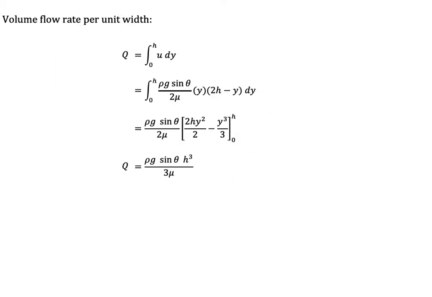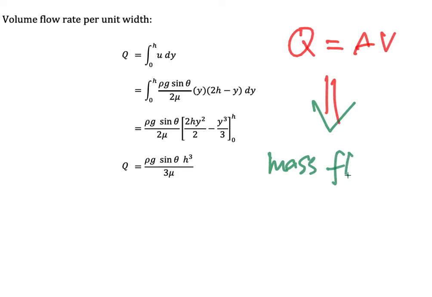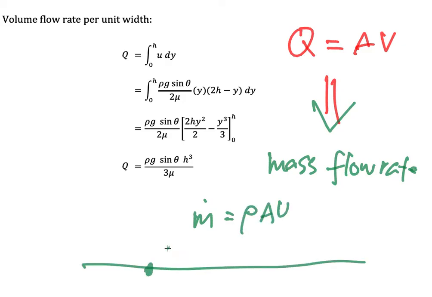And then to calculate the volume flow rate, the idea is simple. This is the common one, Q is equal to AV. This actually comes from the idea of mass flow rate. We have a mass flow rate here, so m dot is equal to rho AV. If we have 2 points, for example an inlet and outlet, we will say that m dot 1 is equal to m dot 2.